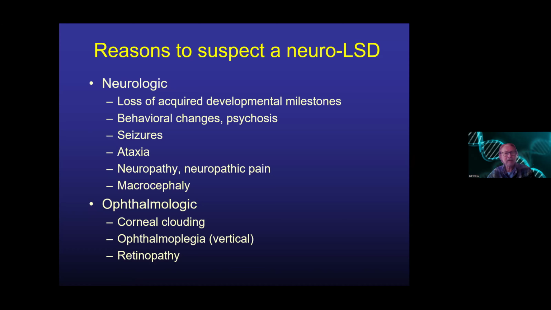And this could be caused by many things, so it isn't like it's just an LSD. Loss of acquired developmental milestones, behavioral changes, psychosis in adults, seizures, ataxia, neuropathy and neuropathic pain, macrocephaly, in the eye, corneal clouding, ophthalmoplegia, particularly vertical for Niemann-Pick C, and retinopathy.